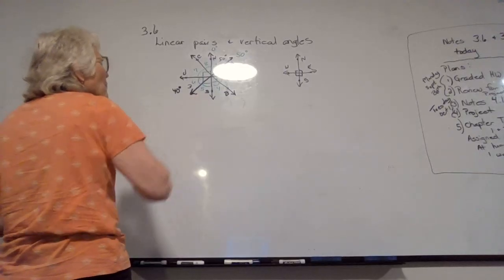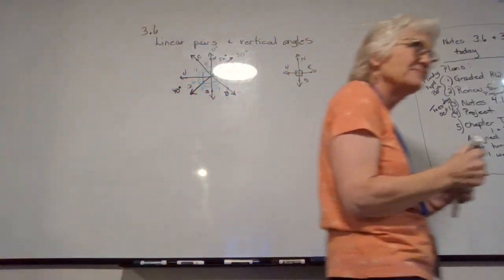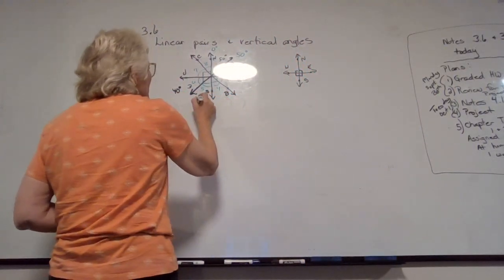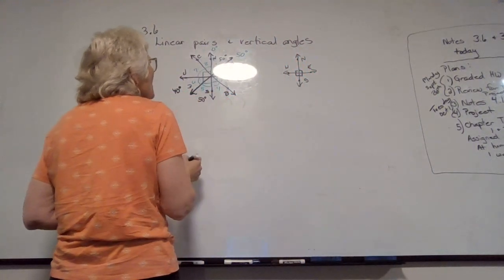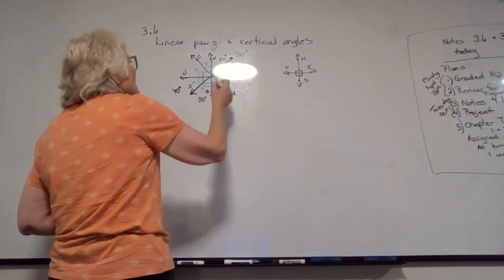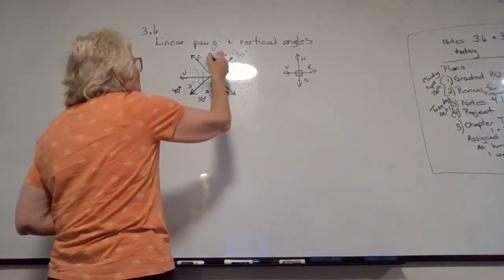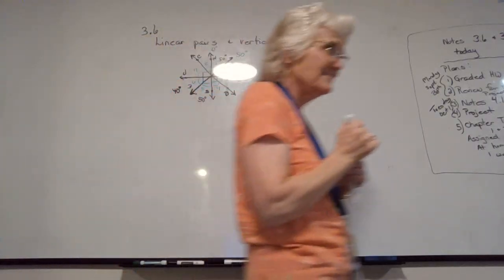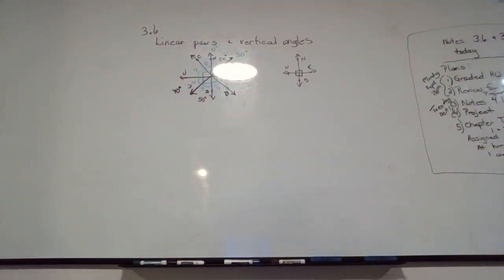What is angle 5? 50 degrees. So this one's 50 degrees. Now the question is, can I find 3 and 4 and 7 and 8?